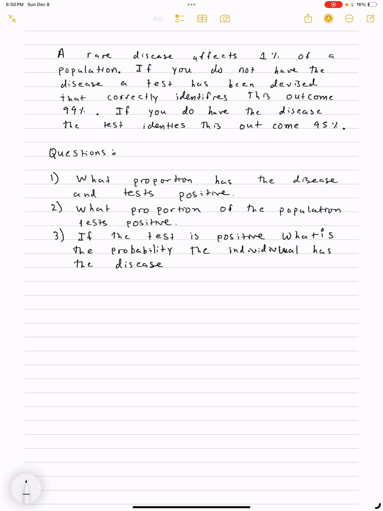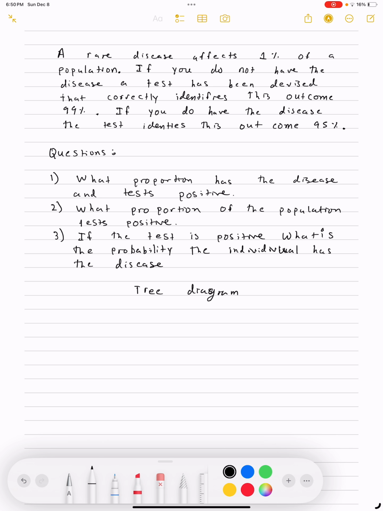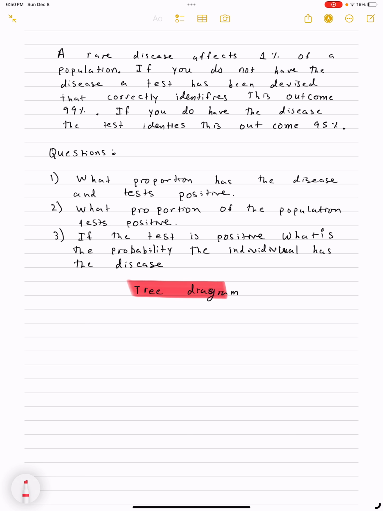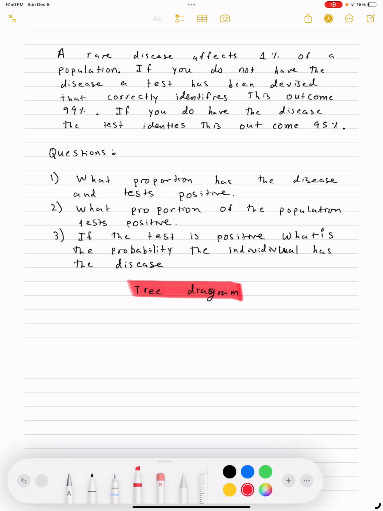So we're going to illustrate what's called a tree diagram. Tree diagrams are really helpful for conditional probabilities.